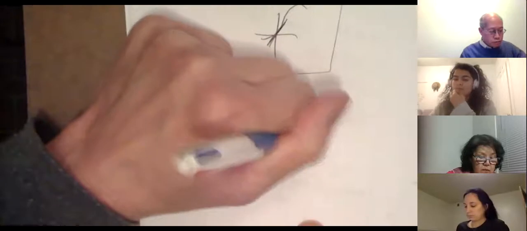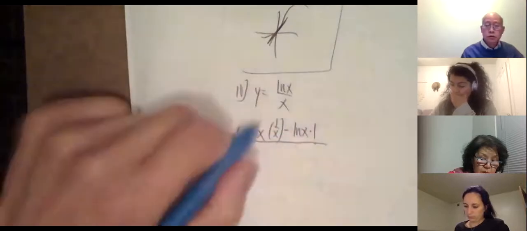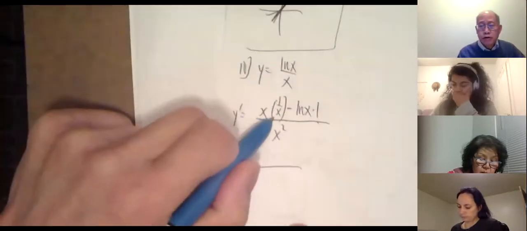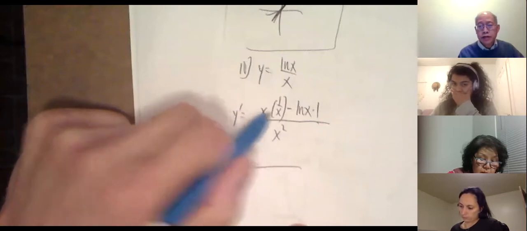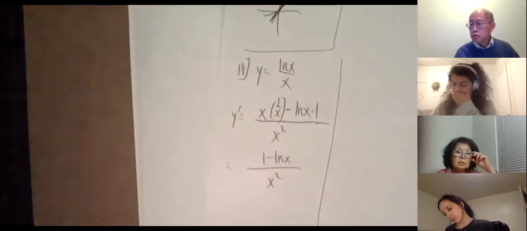Minus the top times the derivative of the bottom. What's the derivative of x? 1. All over the square of the denominator. And then clean it up. x times 1 over x is just 1. The x cancels out. 1 minus ln x over x squared. And that's pretty much about it.